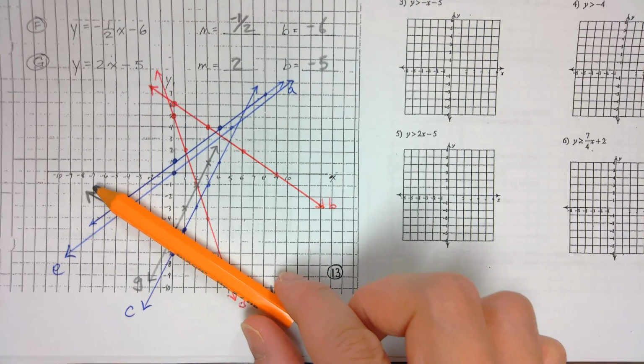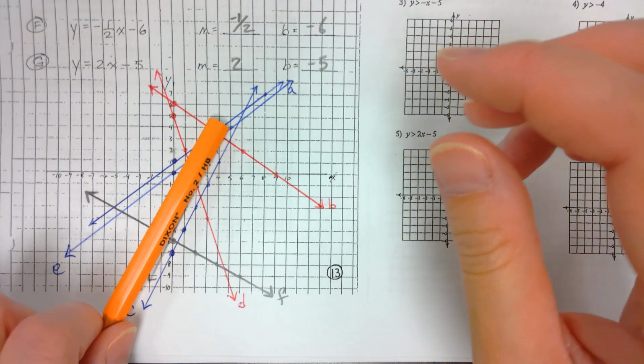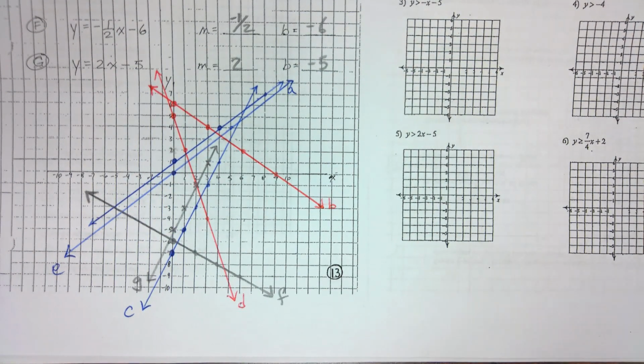This is F and this is G. Okay, who got the same thing?